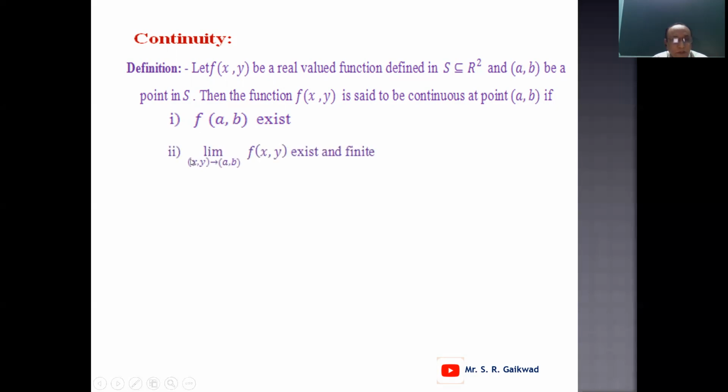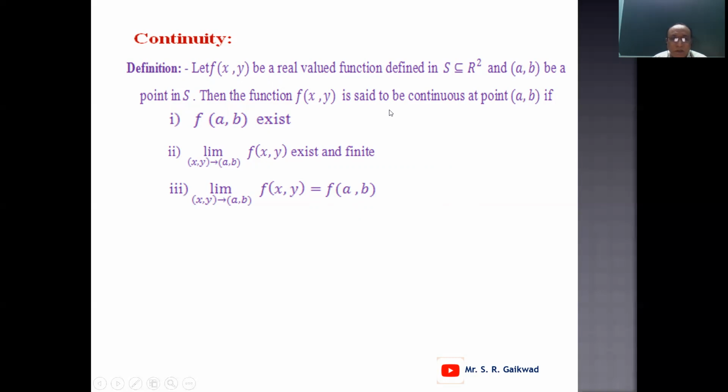Second condition, limit as x y tends to a comma b of f of x comma y exists and is finite. And third, limit as x y tends to a comma b of f of x comma y equals f of a comma b. If these three conditions are satisfied, then the function f of x comma y is said to be continuous at point a comma b.